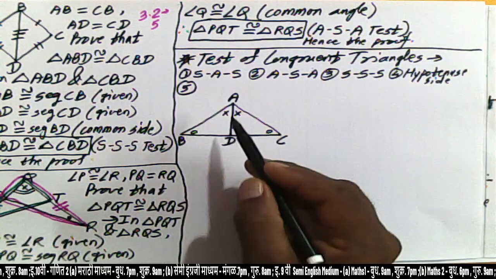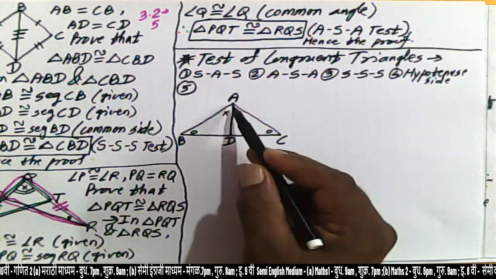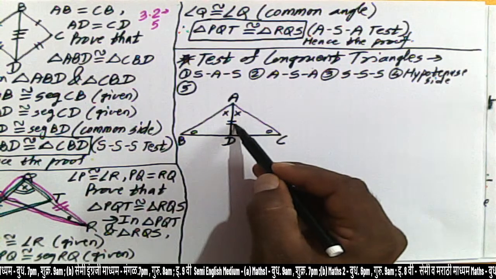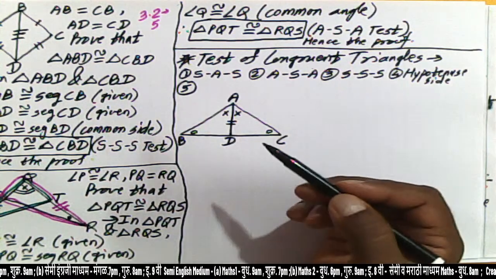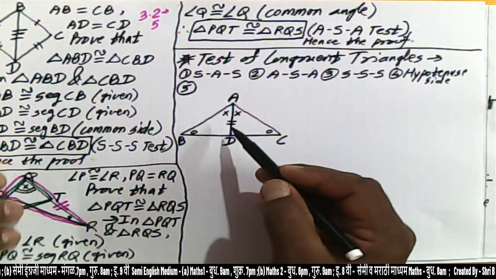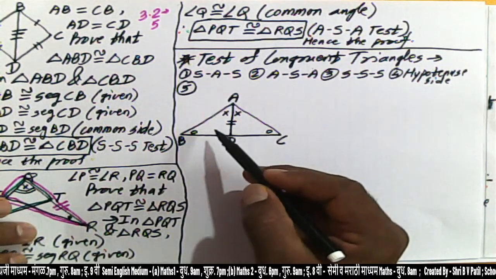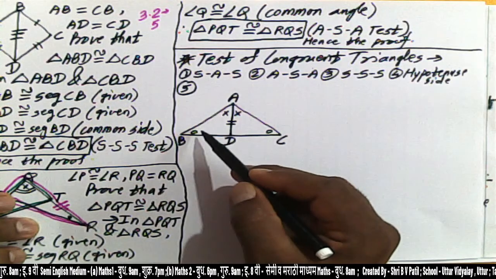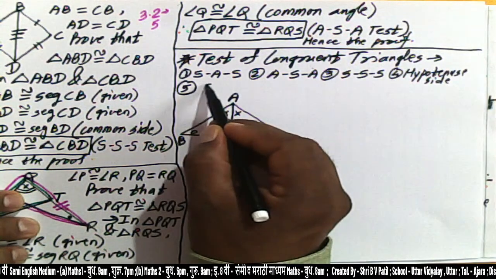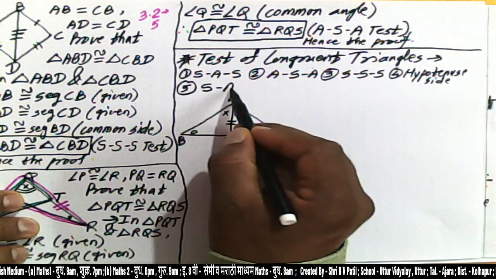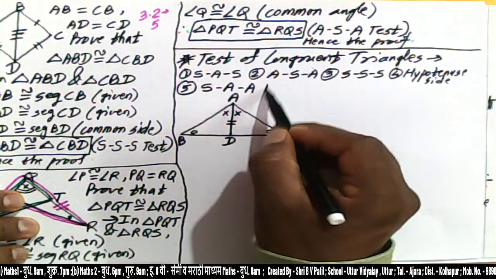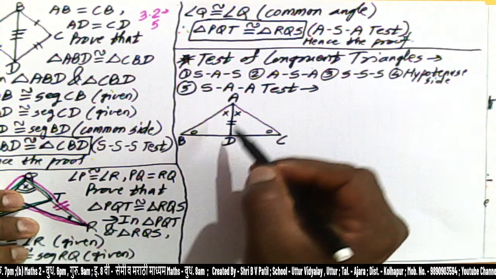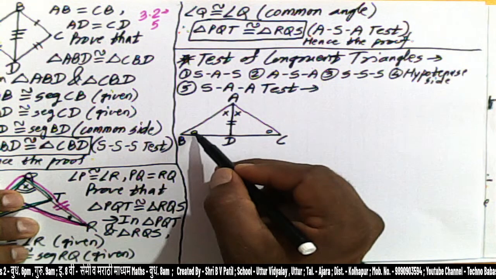In both triangles side AD is present, AD is the common side and congruent to itself. And here we get the side angle angle test.